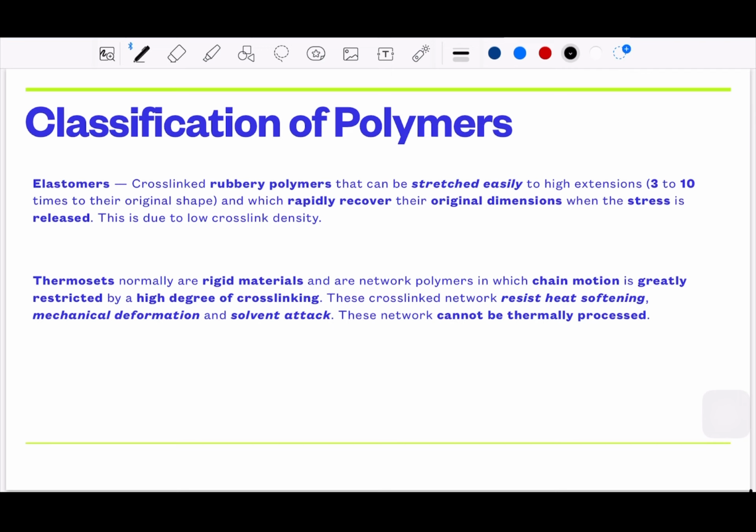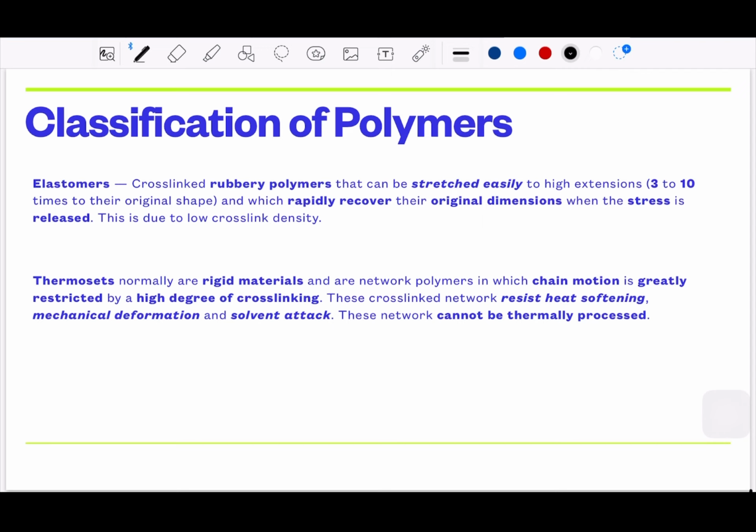And that's because of low crosslink density. I think that's pretty simple. And the thermosets are usually rigid materials. They are network materials, and that's why the term crosslink, because they have the network.